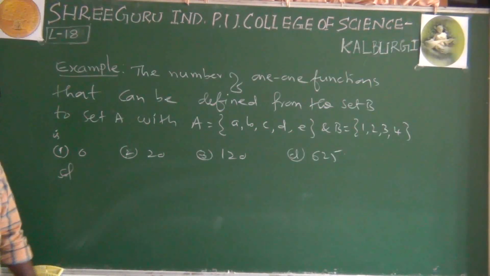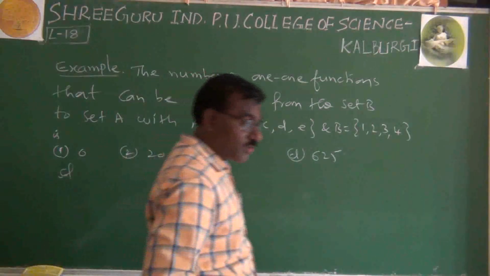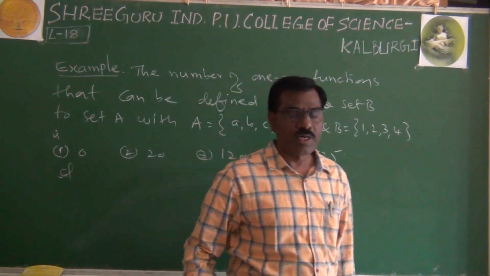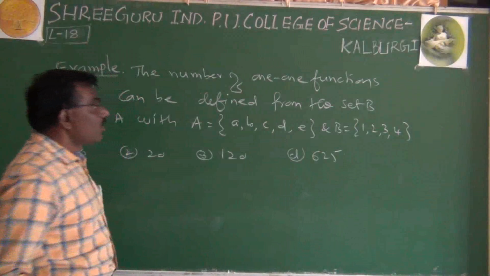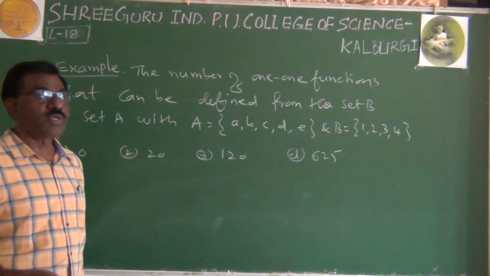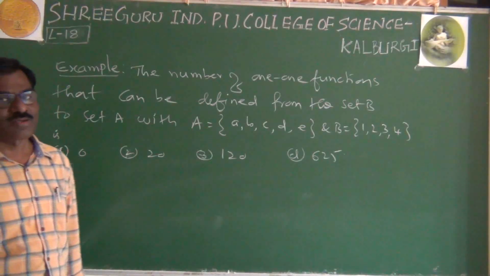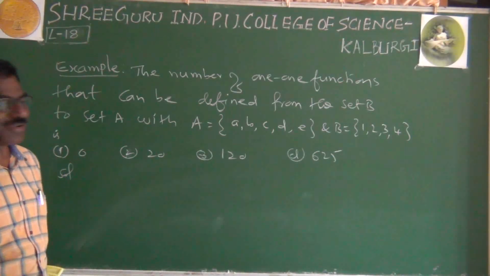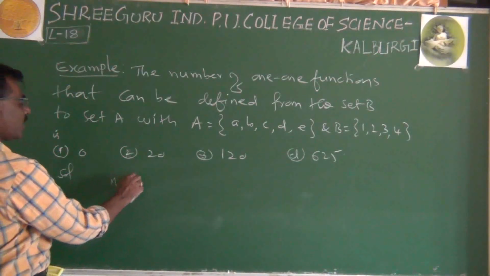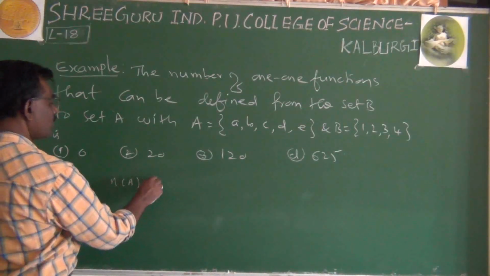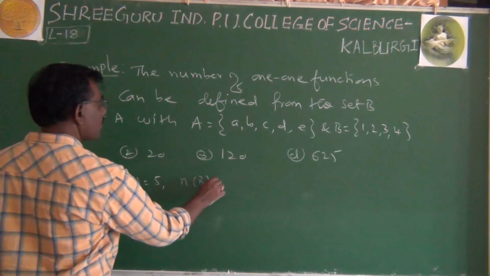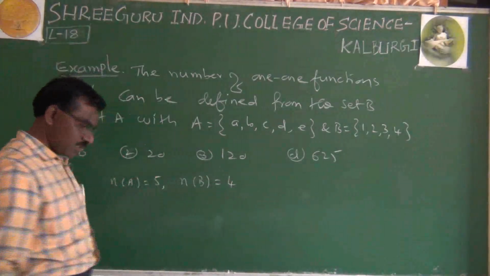Be careful, students. Read the question carefully once. Okay? The number of one-one functions is asked not from A to B, but from B to A. Now what is n of A? It is 5 elements. n of B is 4 elements.